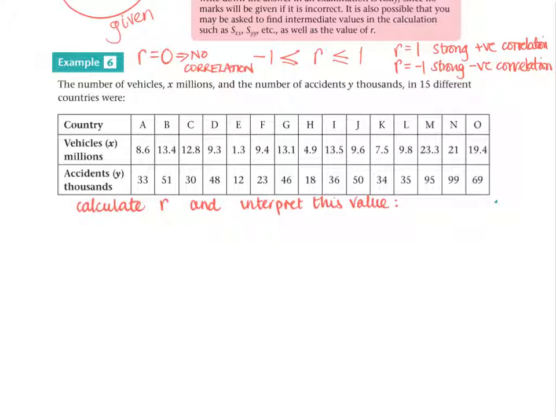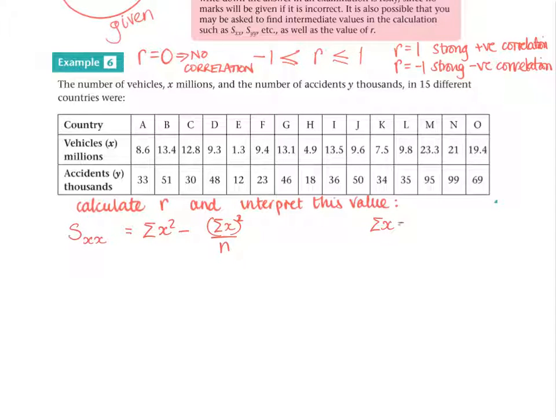So we have Sxx is equal to the sum of x squared minus the sum of x all squared over n. Now I've worked out the sum of x squared, the sum of x's and everything from before, so we know these values.